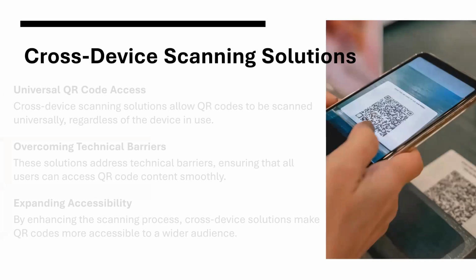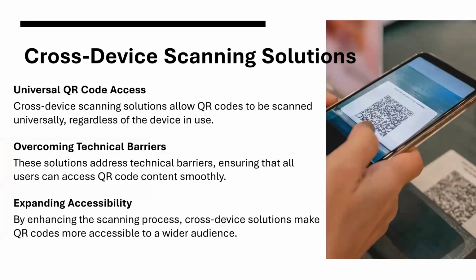Tracking results allows organizations to adjust those strategies based on real-time data and consumer interactions. Let's address some common objections because I hear them all the time. It can be a cross-device scanning solution, and most people say, well, you can only use it on your phone. Well, that may be true, but aren't 90% of people on their phones nowadays? So cross-device scanning allows QR codes to be scanned universally, regardless of the device in use.